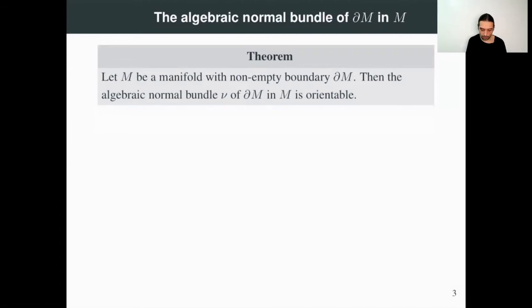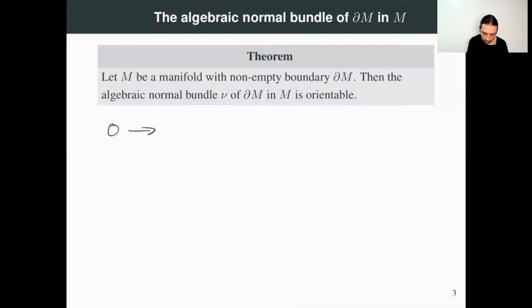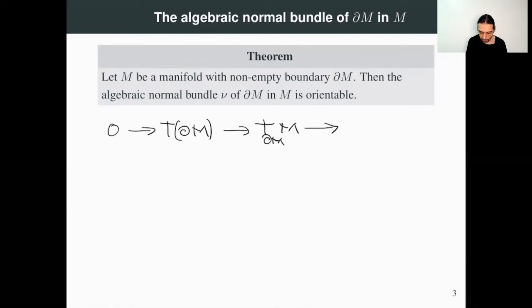Okay, what we have is that the tangent space of the boundary of M is included in the tangent space of M restricted to the boundary, and then we have this map to the normal bundle, and this short exact sequence is indeed exact.